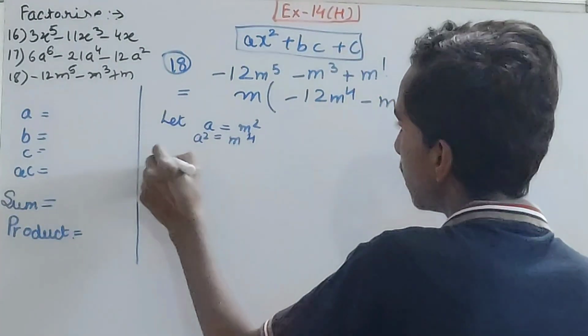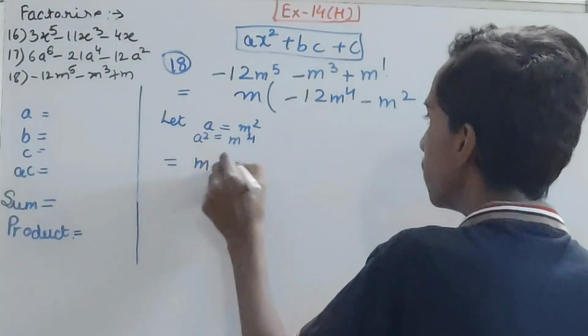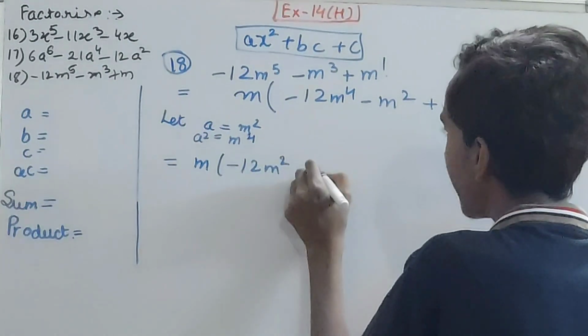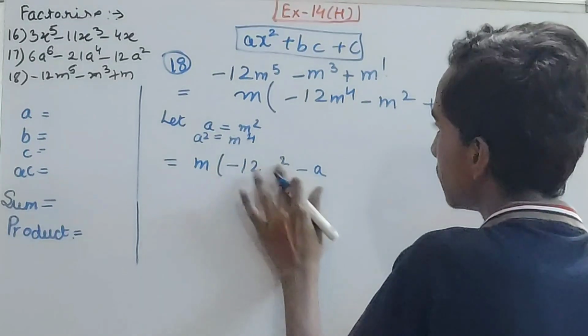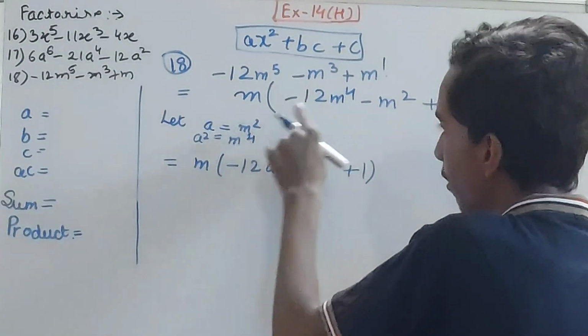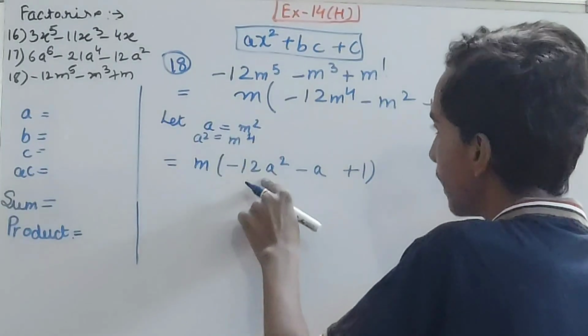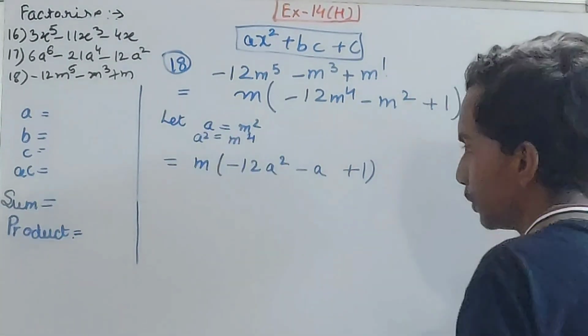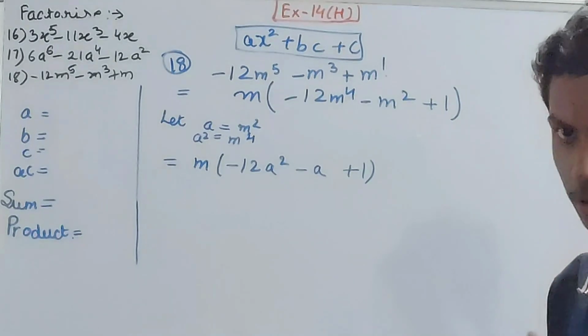Now you will see here, you will have m into minus 12. M to power 4 is A square, minus m square is minus A, and plus 1. Okay, so m to power 4 has been replaced with A square and m square has been replaced with A according to the assumptions that we have made earlier in this question.